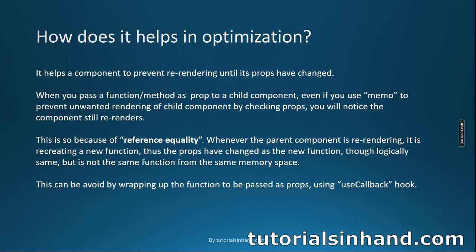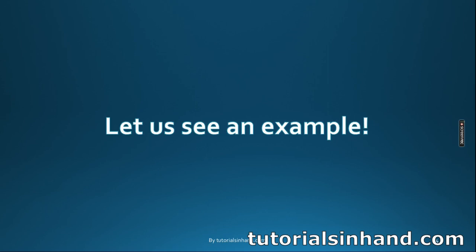This is an optimization issue, correct? So how can we fix it? Remember, whenever you pass any method from a parent component to the child component, always wrap that function or method using the useCallback hook and provide a dependency, so that whenever those dependencies change, only then will your function get recreated. Okay. Now enough of theory for now.